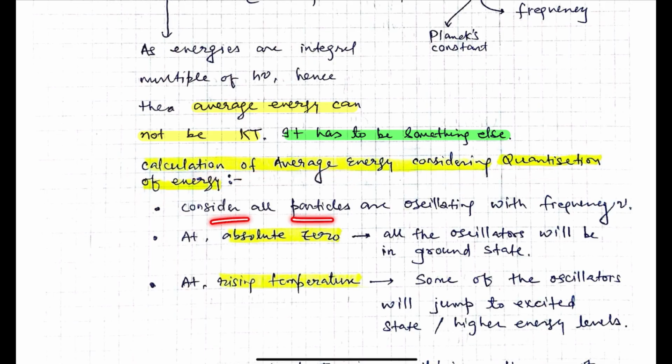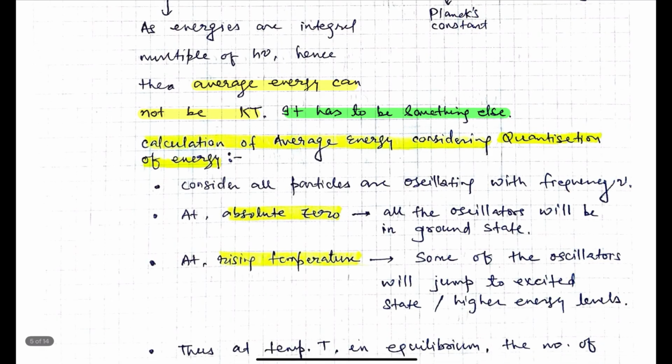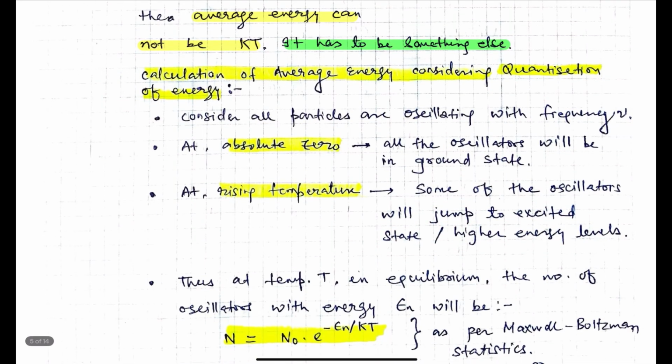So consider all the particles are oscillating with frequency nu, and at absolute zero, all the oscillators will have the ground state energy. So they will be in the ground state themselves at absolute zero. But if you start raising the temperature, then some of the oscillators will jump to the excited state or higher energy levels, because if they gain energy, they will jump.